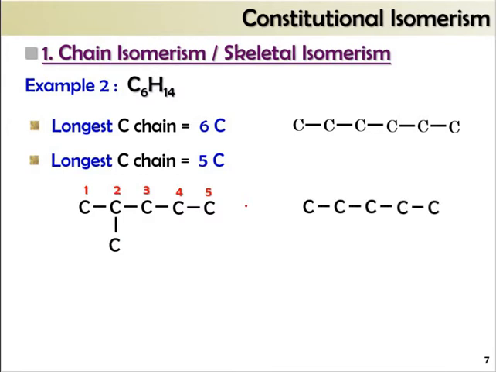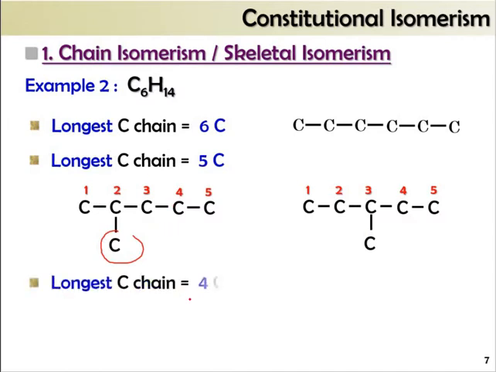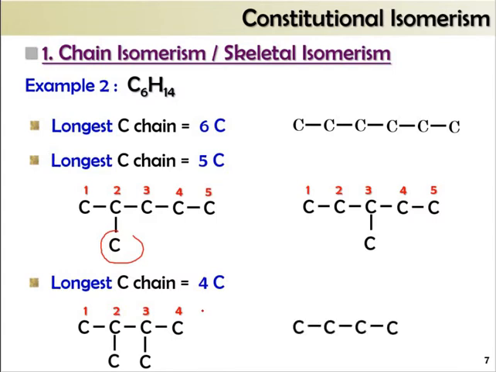And then still 5 carbon, madam put the CH3 here at carbon number 3. Alright, so if we put the CH3 here at carbon number 4, it is still the same as this structure. Right, and then for the longest chain of 4 carbon, kita akan letak pada carbon number 2 and carbon number 3.